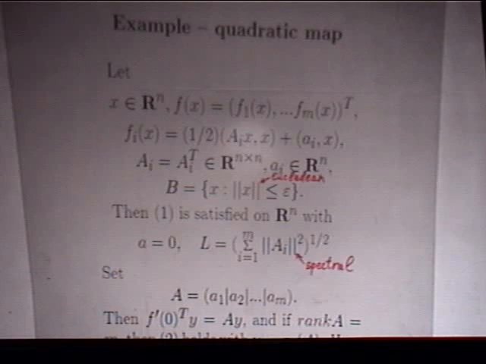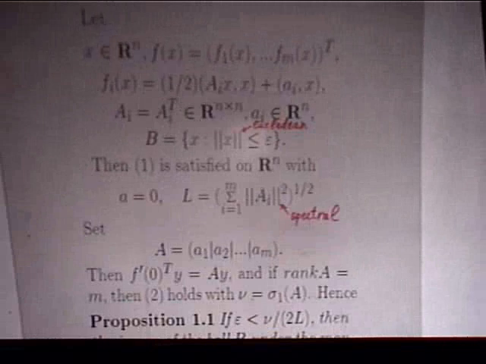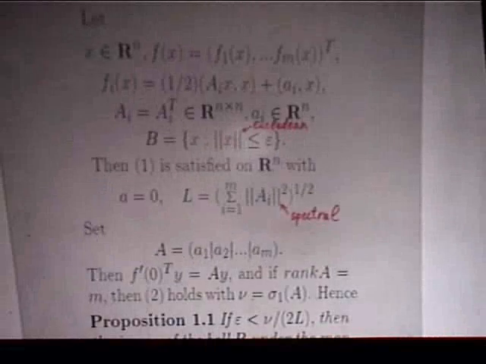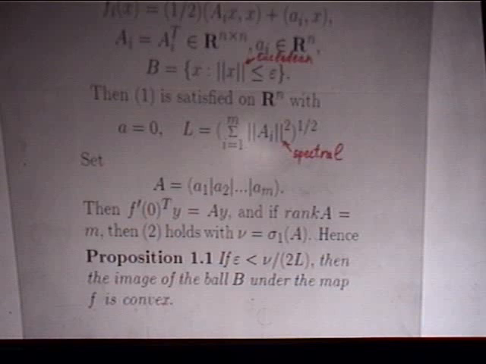Then it can be checked that all conditions of the theorem are satisfied, and if we consider a small ball centered at the origin of our space, where the norm we deal with here is the Euclidean norm, then we can estimate precisely the critical radius of this ball.